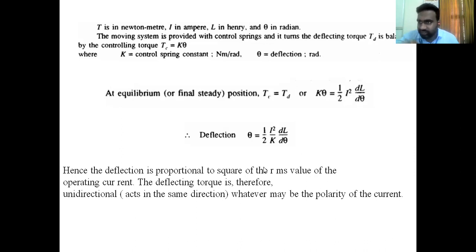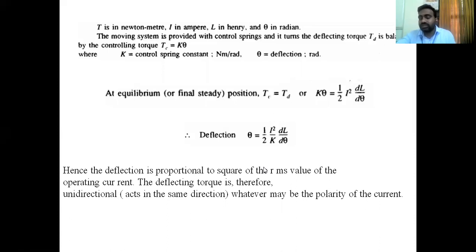Most of you have posted the same doubt in the chat: why is the deflection angle proportional to the current square? Because of the RMS value of the current which is flowing at a particular operating value, the deflection angle is proportional to current square.